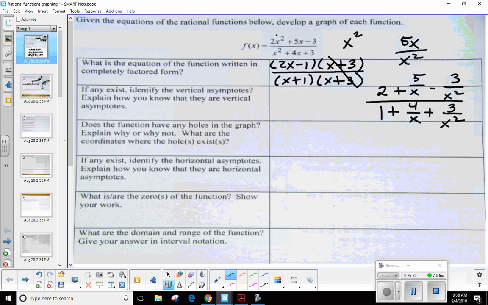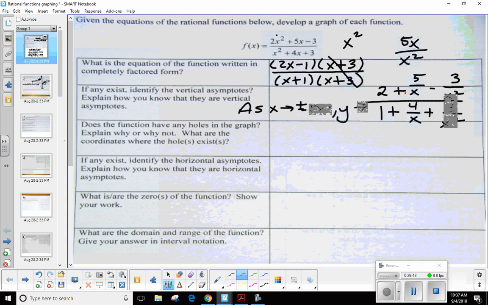Now, for the horizontal asymptote, you're trying to determine what the graph is going to approach as x becomes extremely large or small. So as x approaches positive or negative infinity, what is y going to approach? Imagine if I were to take every x, whether squared or not, and replace it with infinity.